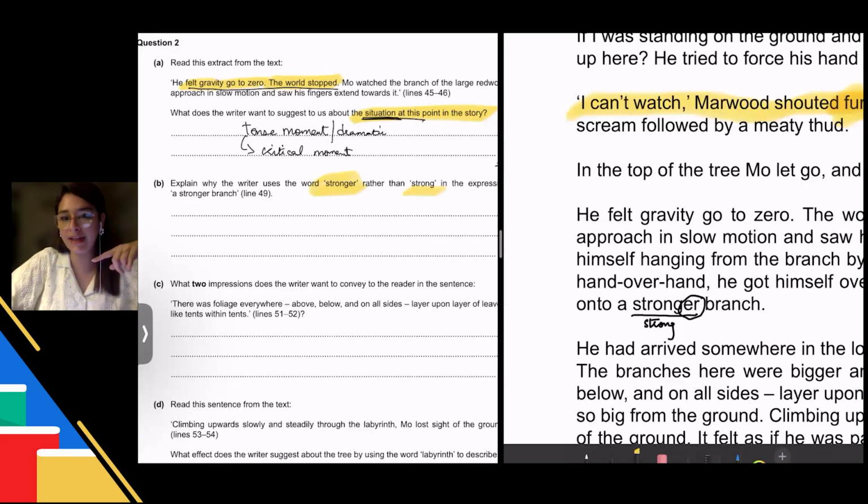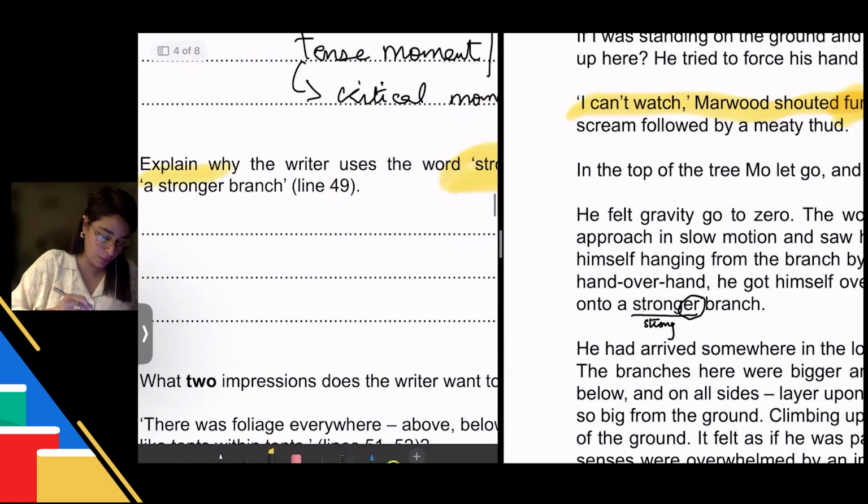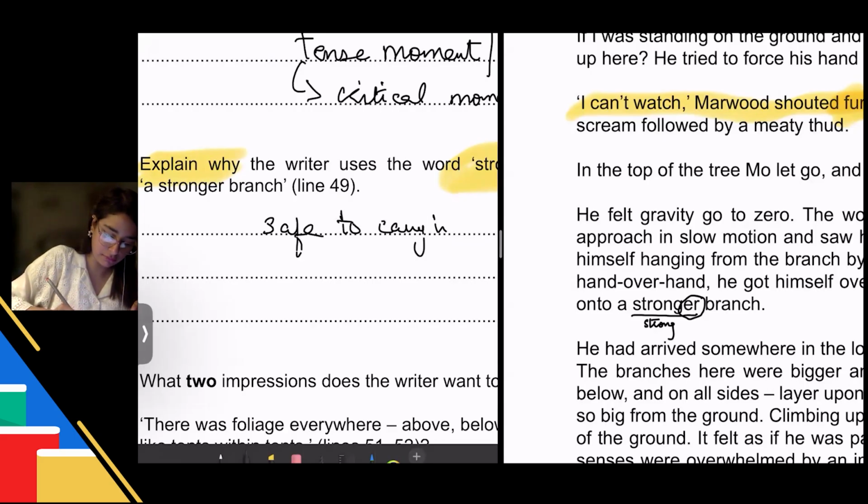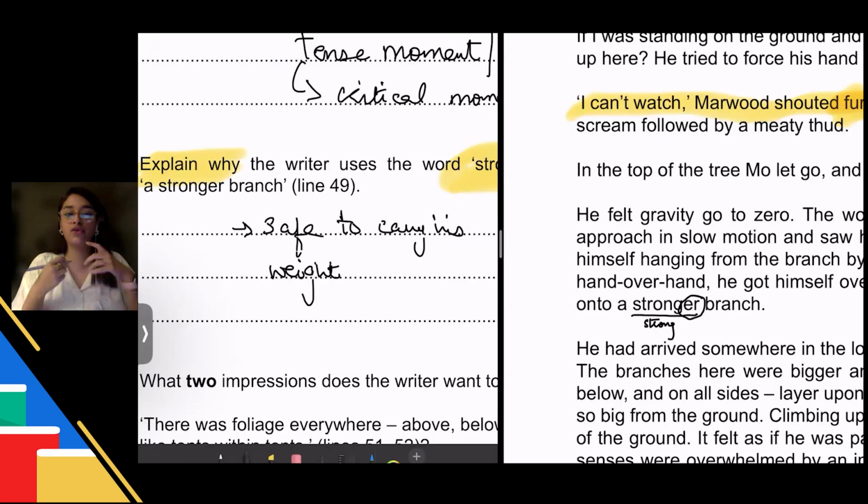All right. So keeping that in mind, we have to understand that the text is talking about how Mo is looking for a branch that is safe enough, that won't break once he climbs onto it. Since it says explain, we will explain by saying that he is looking for a branch that is safe to carry his weight, or the idea of how it is strong enough in comparison to the branches around him.